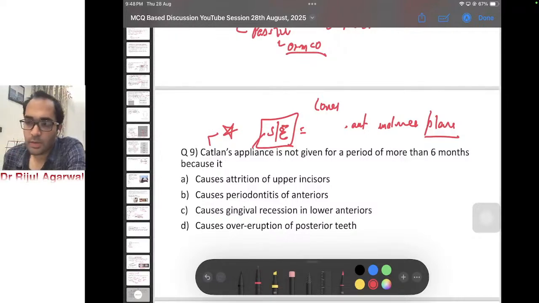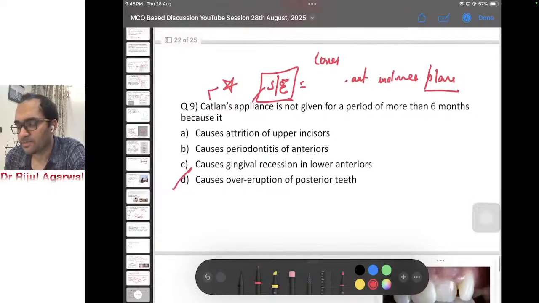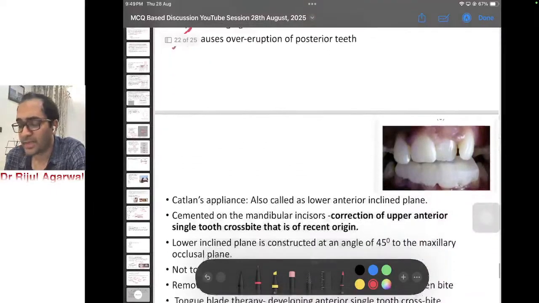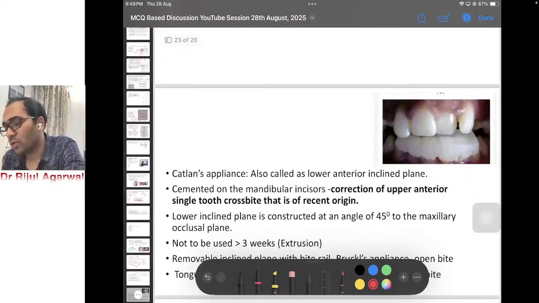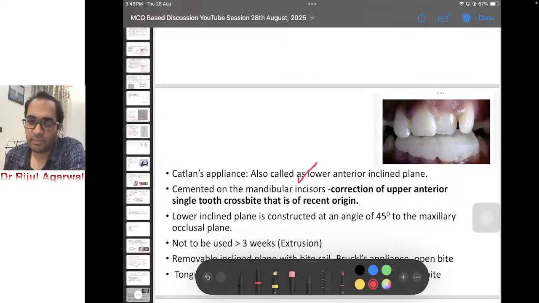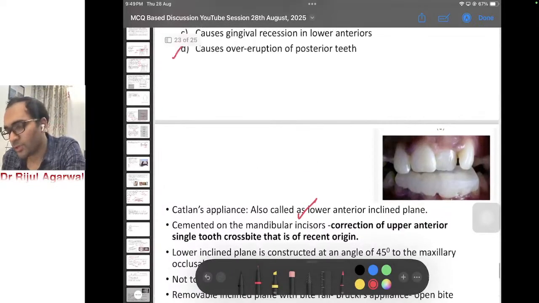These are the other ways of asking the same question. So yes, option D is the correct answer, that is, it causes over eruption of posterior teeth. This is the image of Catlan's appliance, also known as lower anterior inclined plane.